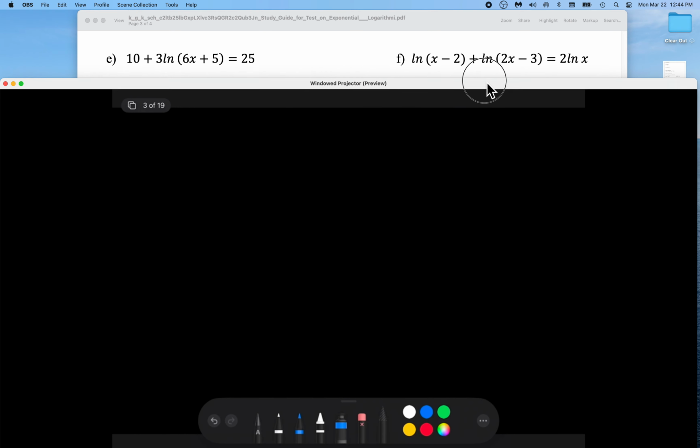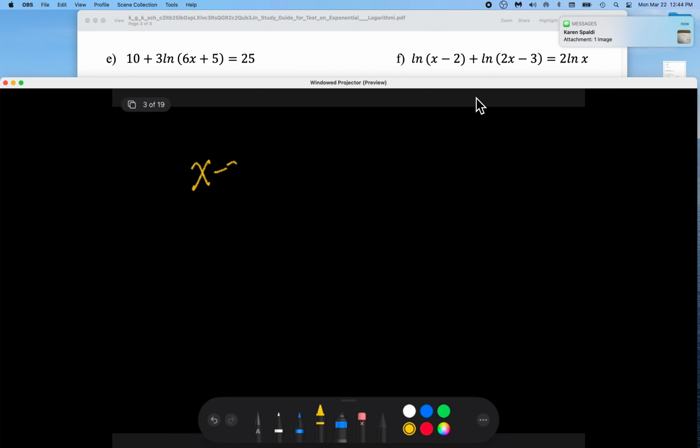And we're going to set the arguments equal to each other. That's my intuition here. Okay, so the first thing I'm going to do is combine these. They are both in the numerator because both of these are positive, and the ln is only going to be written once.